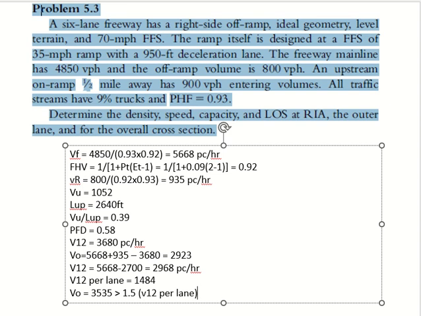The outer was what? You made a mistake here. It should be from total, right? This should be from total. We're doing total, right?